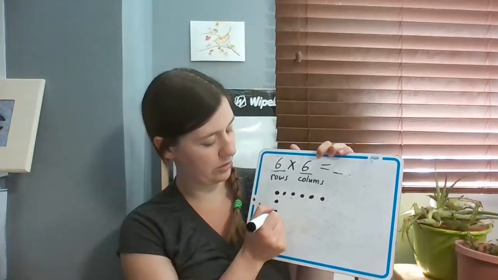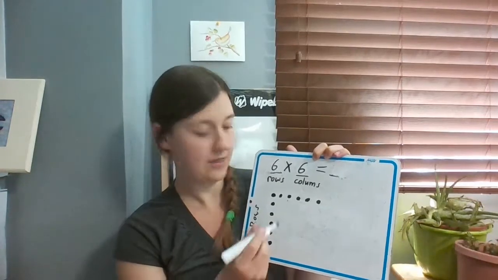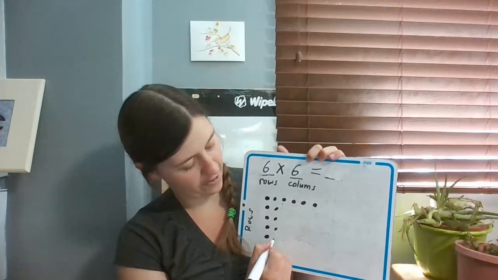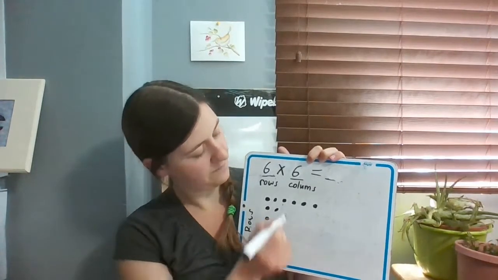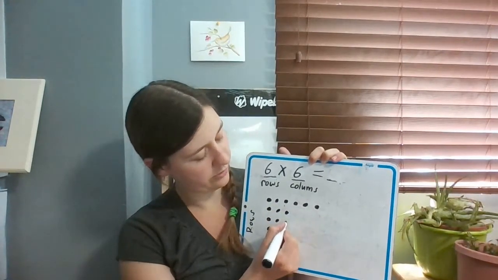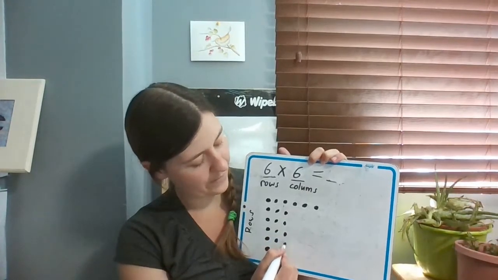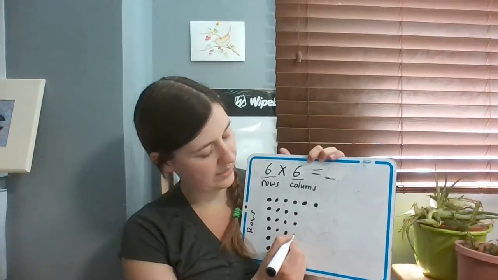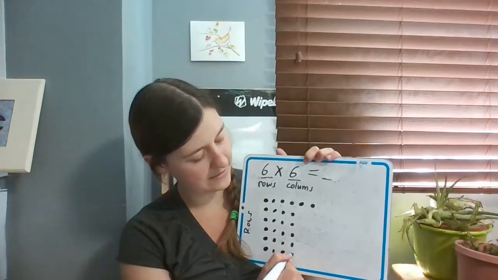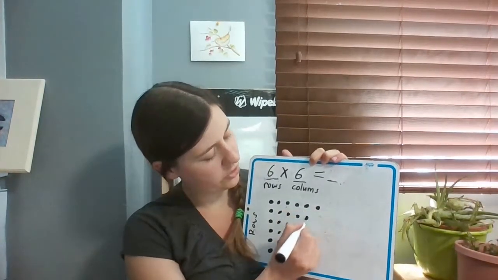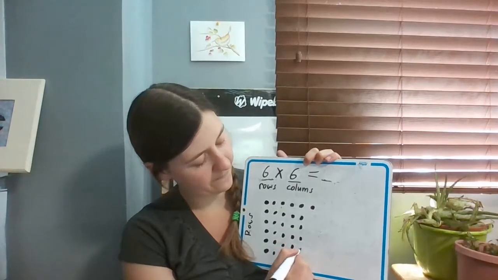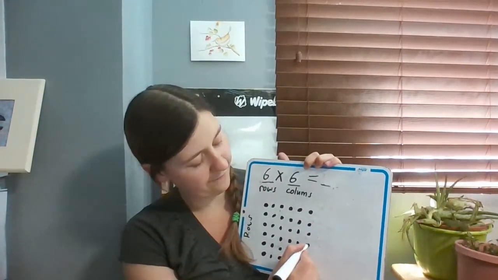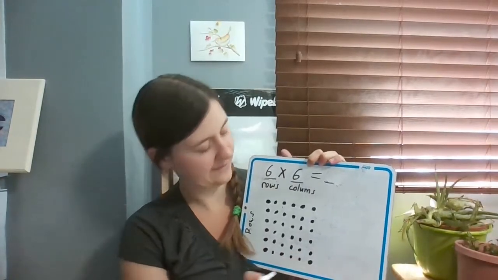If I have 1, 2, 3, 4, 5, 6 dots here, I need 1, 2, 3, 4, 5, 6 in each of the next rows as well.